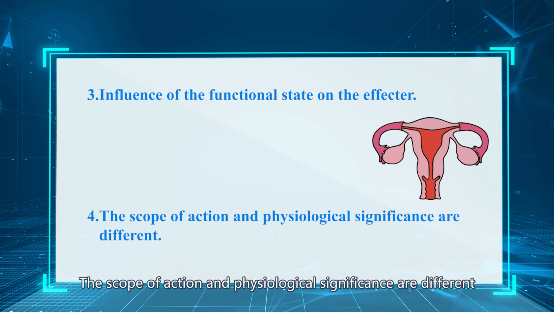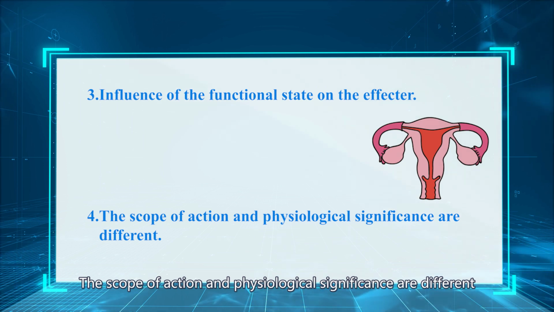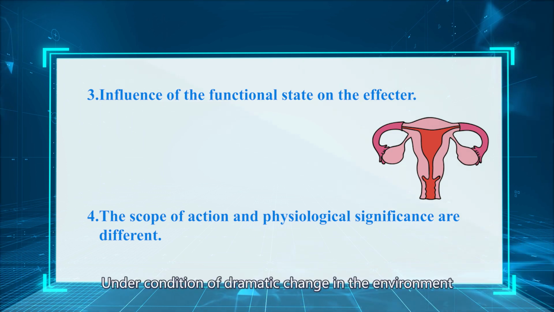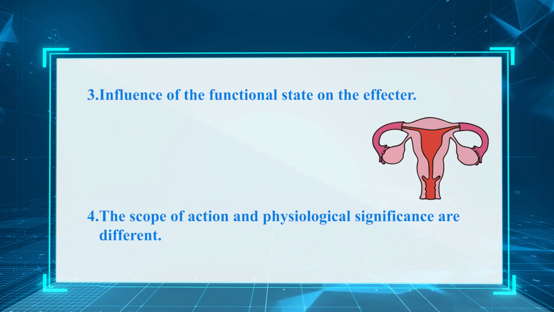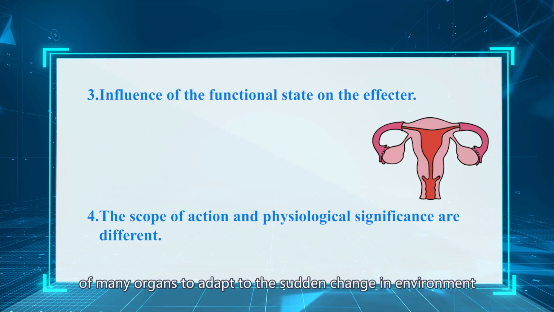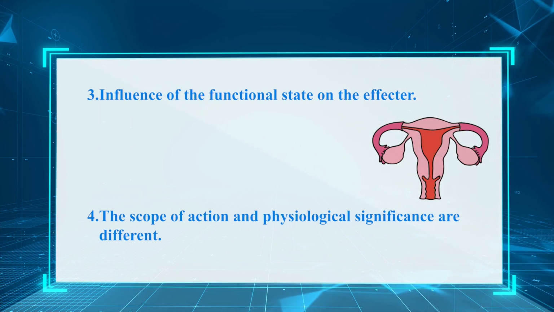4. The scope of action and the physiological significance are different. Under conditions of dramatic change in the environment, the sympathetic system can mobilize the potential function of many organs to adapt to the sudden change in environment.